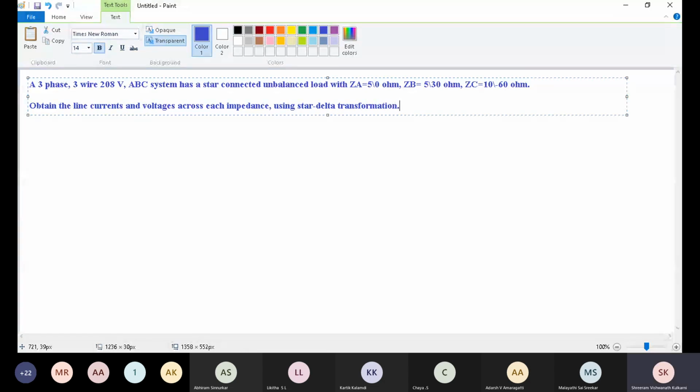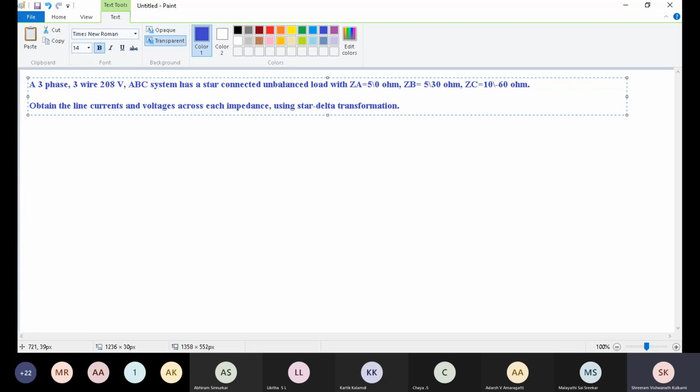Okay, we already know, we have just seen the formulas for star to delta and delta to star transformation. So here they ask: a three phase, three wire, 208 volt ABC system, that is the RYB system, has a star connected unbalanced load with ZA, ZB, ZC. Some values are given. Now obtain the line currents and the voltage across each impedance using that transformation technique.